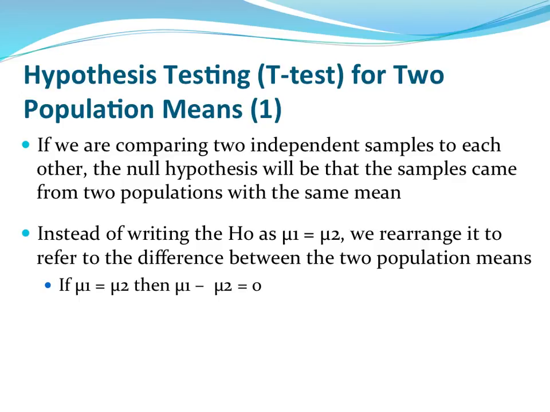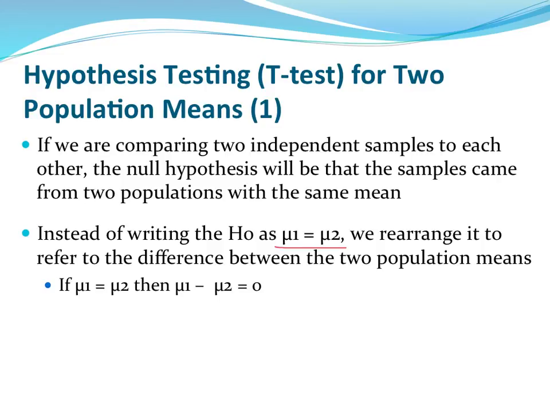If we are comparing two independent samples to each other, the null hypothesis will be that the samples came from two populations with the same mean. Instead of writing this as mu1 equals mu2, or the population mean of the first group equals the population mean of the second group, we can rearrange the null algebraically to refer to the difference between the two population means.